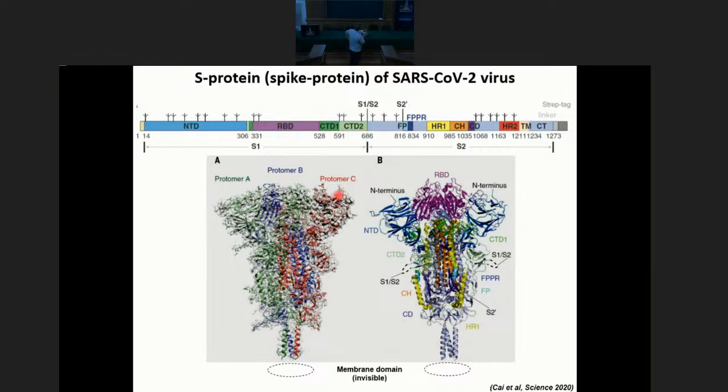So it is a trimeric assembly with three S2 subunits and three S1 subunits.